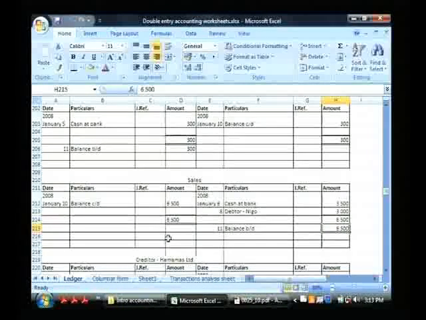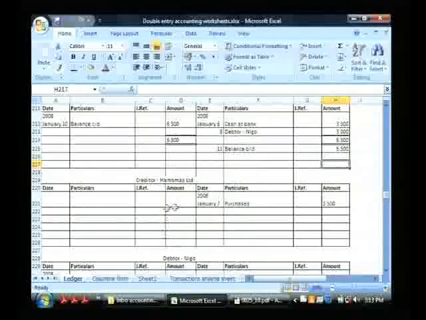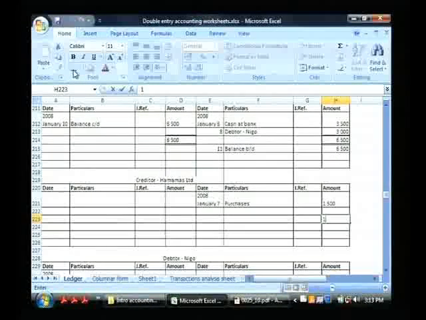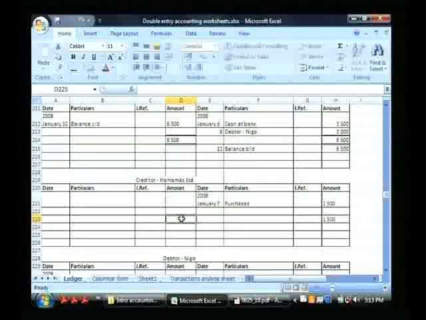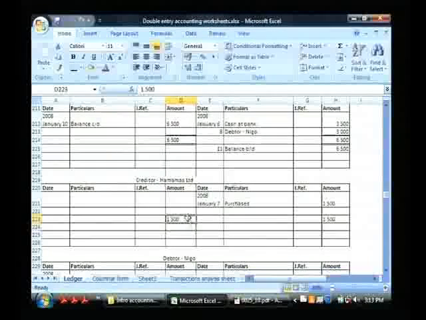Sales account 6,500 balance. Creditor Hamamas 1,500. Both sides 1,500.